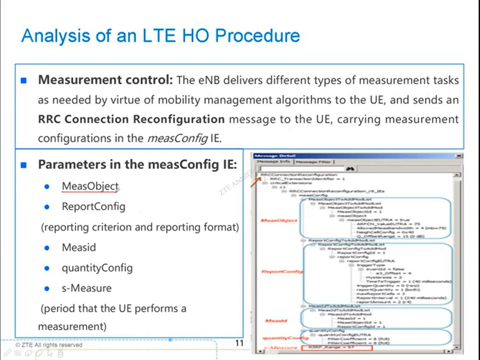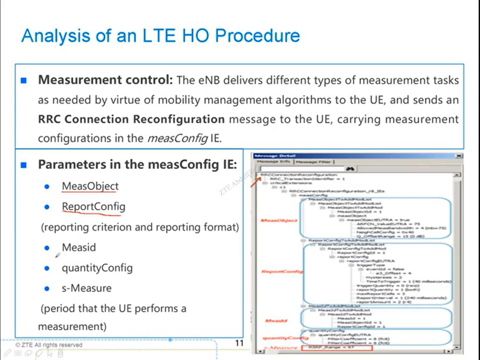The measurement object tells you which target cell and which frequency you can measure. And this is the report config. Report config is like whether you need to report by event or report by time, and also whether to report just one time, or 2 times, 3 times, 4 times, and so on.